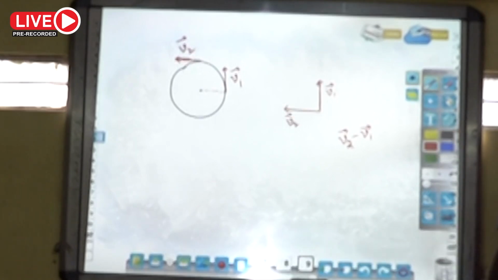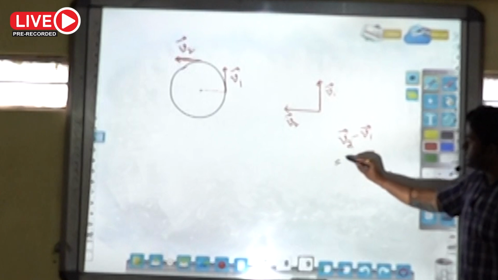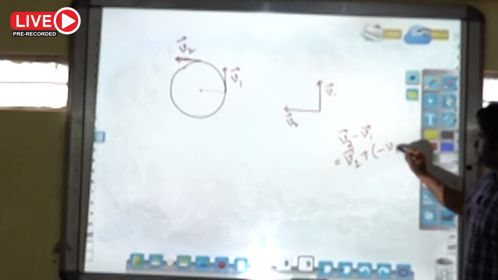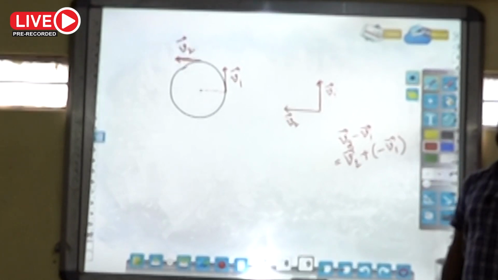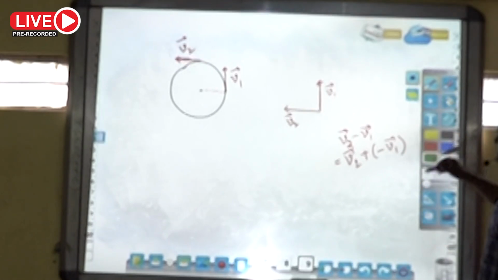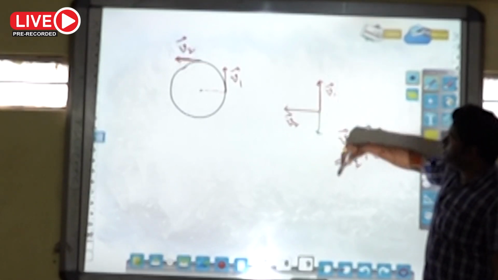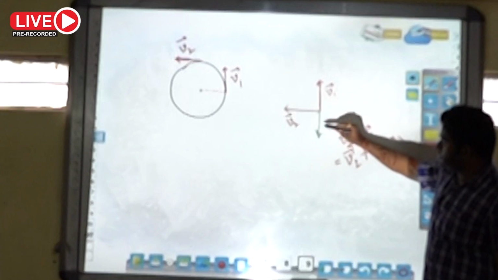So whenever you have to subtract the vector, what we have to do? We have to reverse the vector and join it. Subtraction means we can always realize that subtraction is adding the negative vectors. So first you consider negative of v1. This should be oppositely directed to v1.